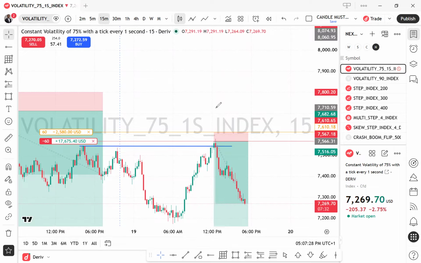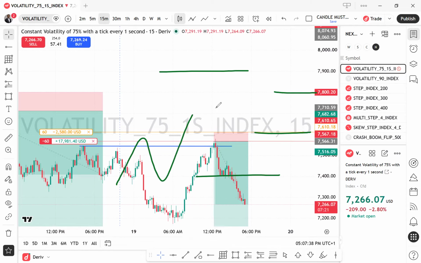way of analyzing the market is to go into a higher time frame and mark your levels. Then one of the things you do is look for your swing points and swing highs to determine structure.